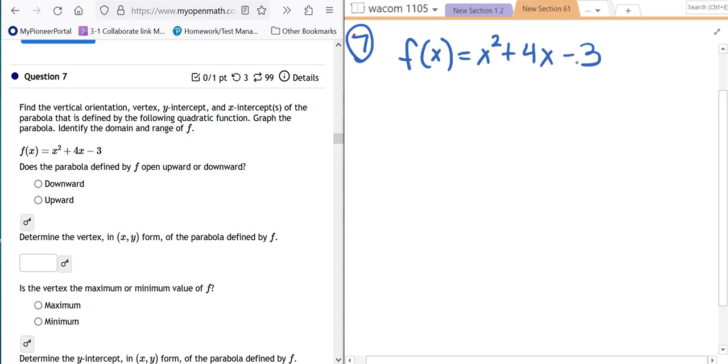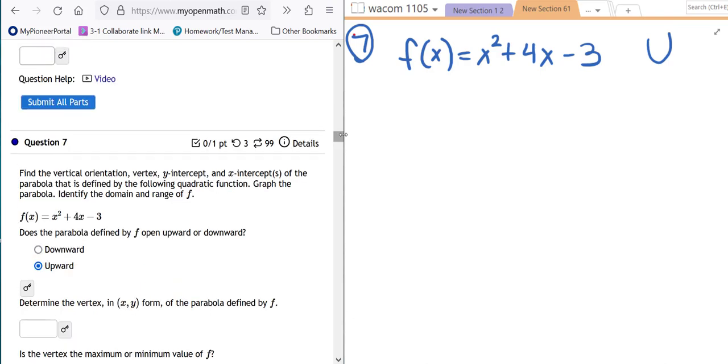The first thing they ask is, does this open up or down? This is a positive 1 in front, so it's going to open up. And they want the vertex.